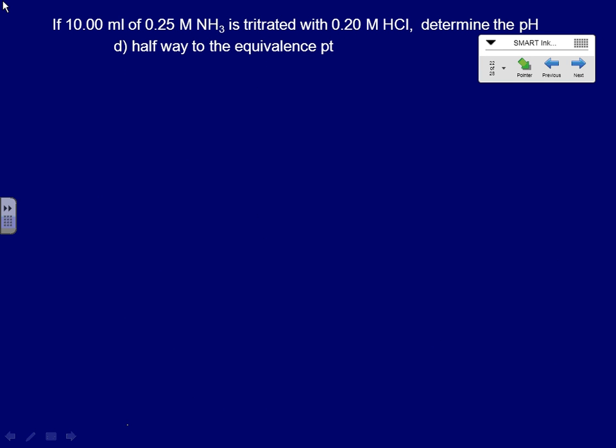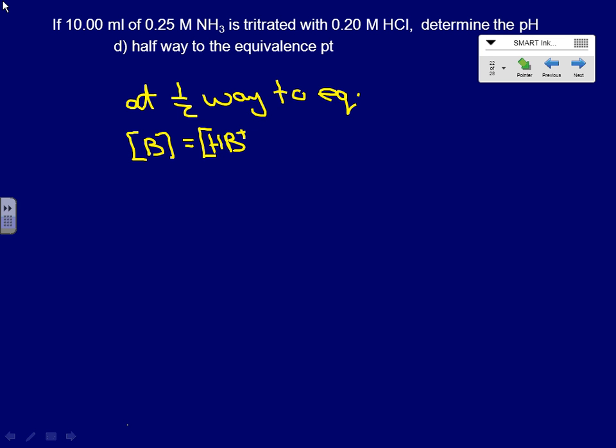Halfway to the equivalence point. We're going back the other way. Now, I don't know if you recall, but at halfway to the equivalence point, we found in the last one that the concentration of the acid and its conjugate base were equal, and that's also true here.